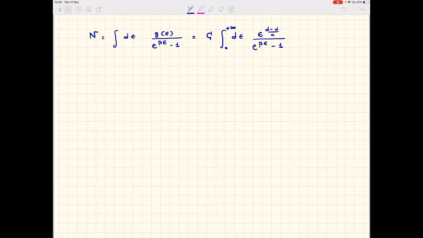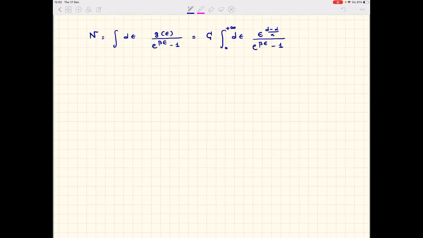For large epsilon, does it have any problem to be convergent?